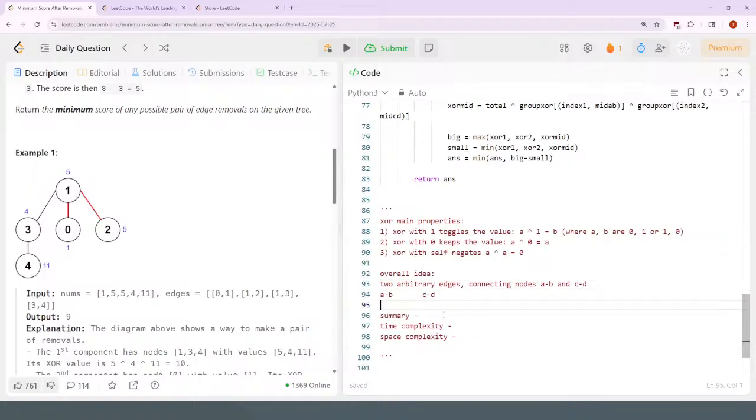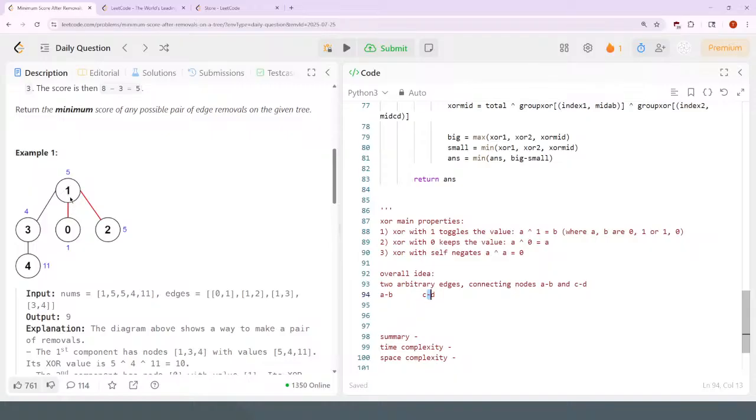What's going to happen is there's going to be groups formed: a middle group, a side group, and another side group, where the middle group will have a connection between one node from the first set and another node from the second set without using the edge that is being selected.